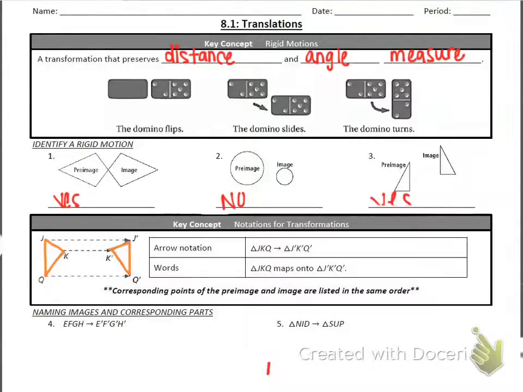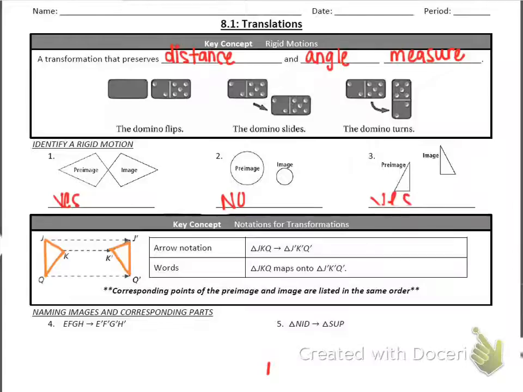We can't use the same name for the points because they're not the same point, right? Wherever J is here, I can't name this one J because it's not in the same spot. Does that make sense? So we have to give it a different name. So usually we call it J prime because that tells us what the original point was, and the prime means that I translated it, or I flipped it, or I moved the point.